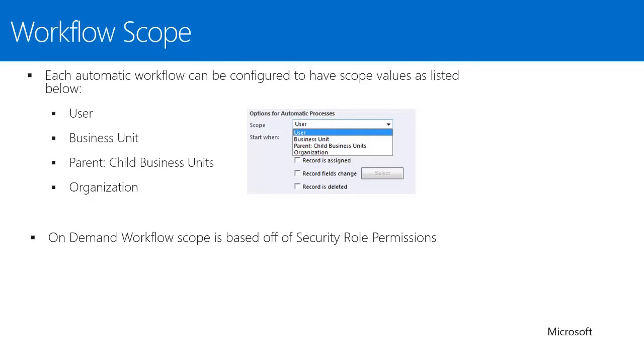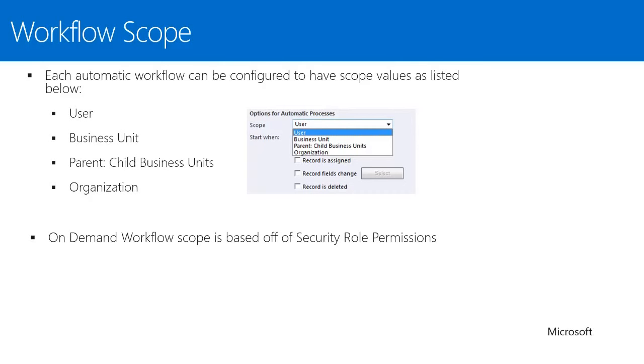For on-demand workflows, the scope is a little bit different. On-demand workflows basically are based off of the security role permissions that user has. If the trigger point is on demand, then the workflow scope is directly related to the current user's workflow read rights on the security record.